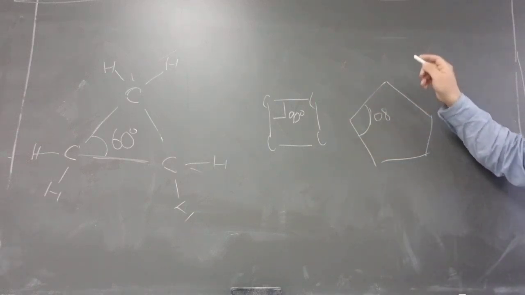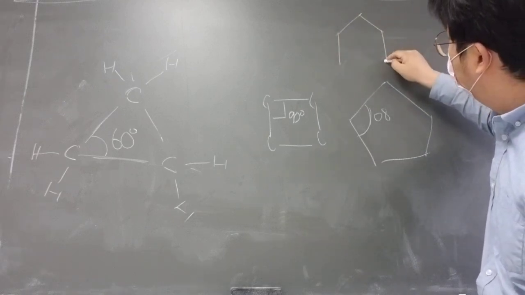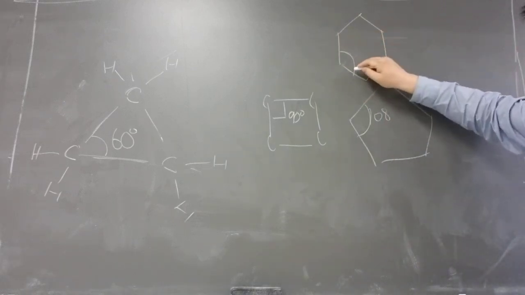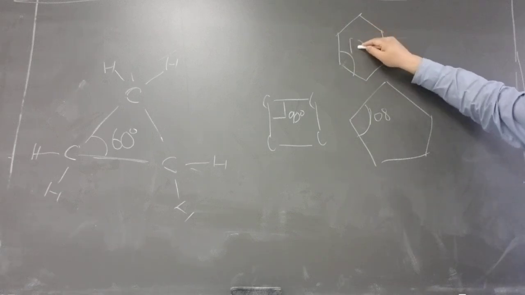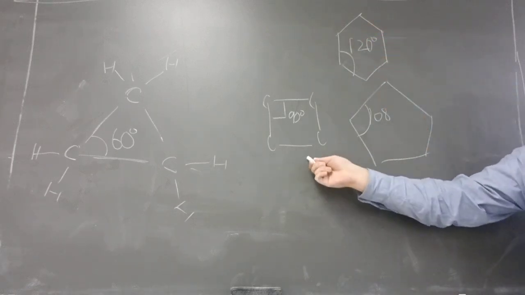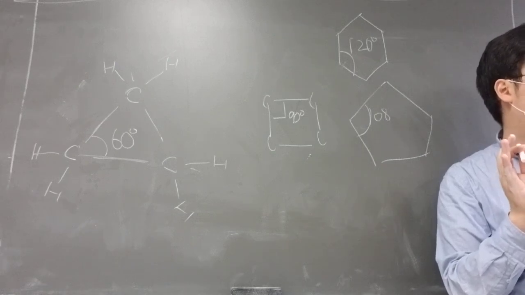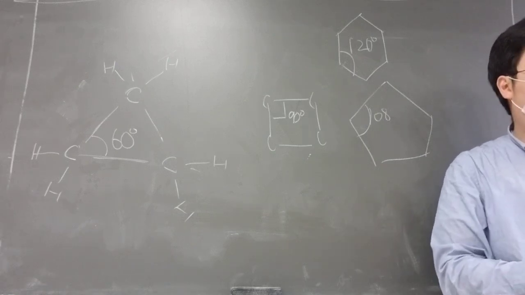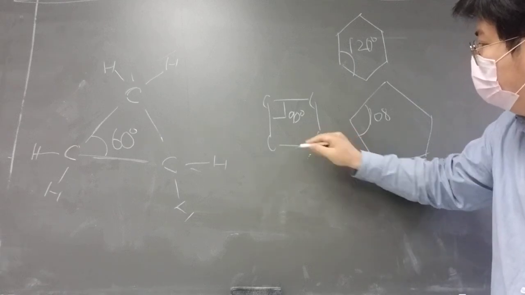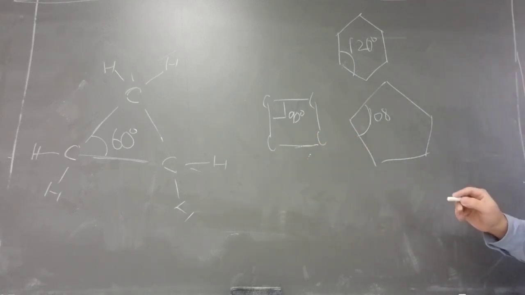It's 108. Okay, 108. And for the hexagonal shape, the inner angle is about 120. So obviously cyclobutane will also experience quite a struggle keeping this very small angle in each corner of this ring.